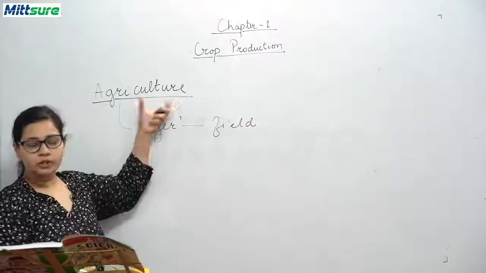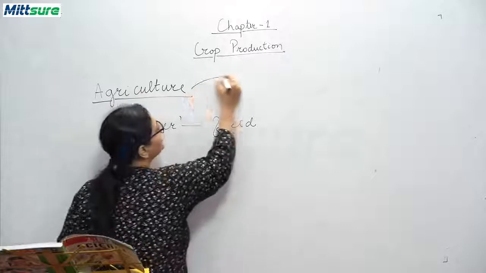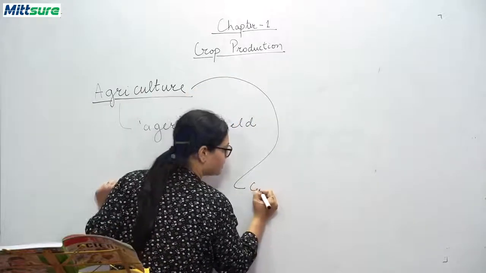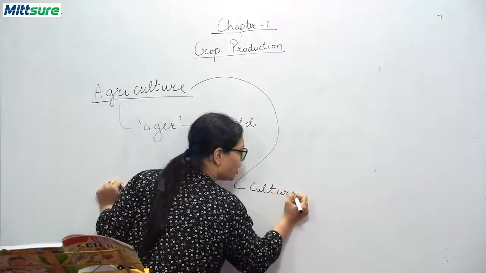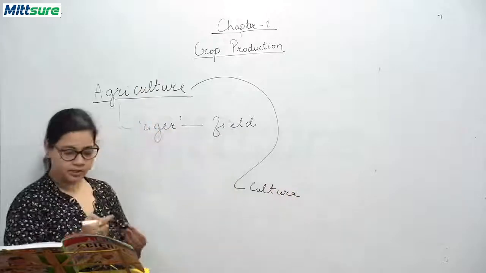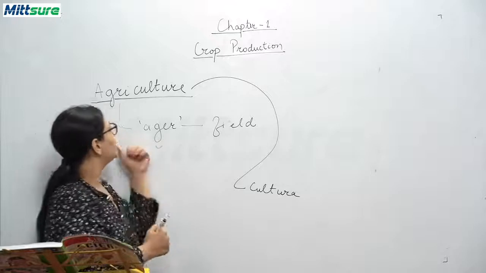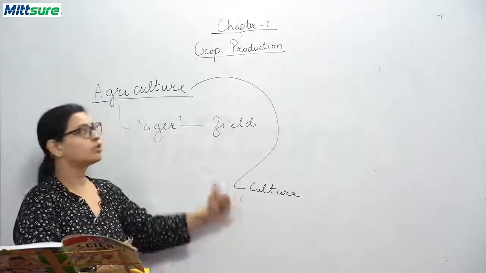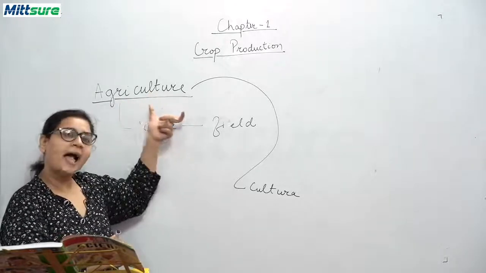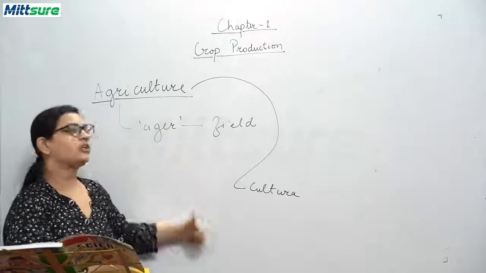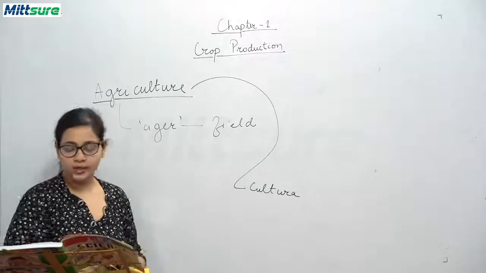And culture came from the word cultura, which means cultivation. So in total, the word agriculture means cultivation of field. Okay, are you clear?